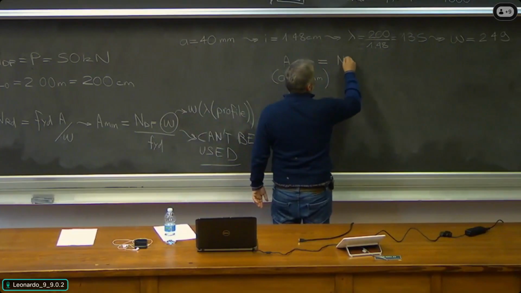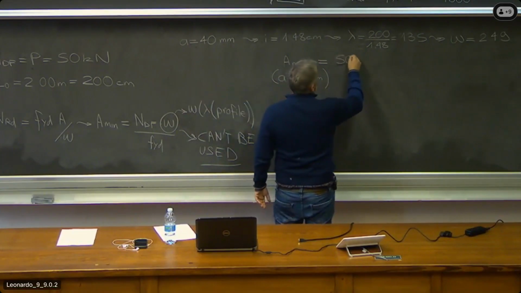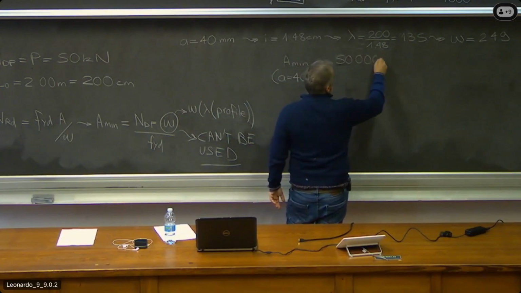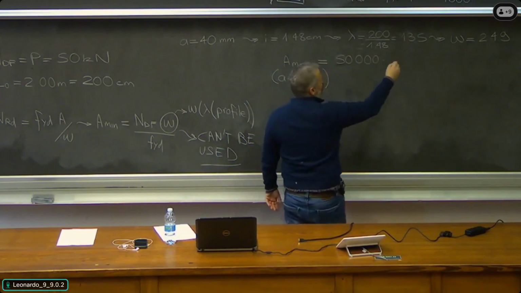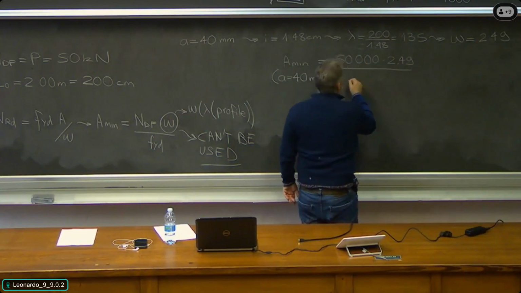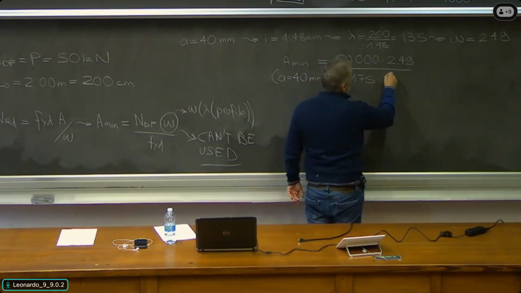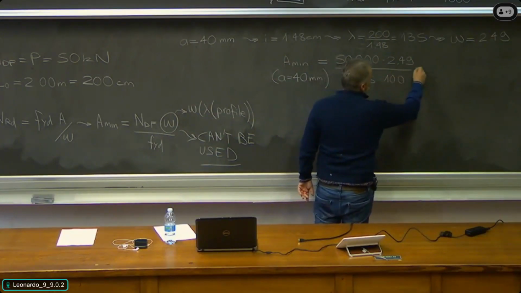And the F, which is 50 kilonewtons, or in newtons 50,000, times my omega, which is 249, divided by 175, and I multiplied by 100 in order to have square centimeters.